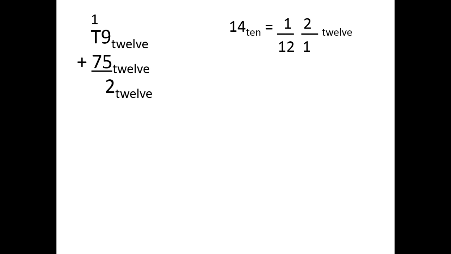T is 10, remember, so 1 plus 10 is 11. 11 plus 7 is 18. That's a base 10 number. I have to regroup that by 12s. 18 is a group of 12 with 6 left over. So my sum is 1, 6, 2, base 12.